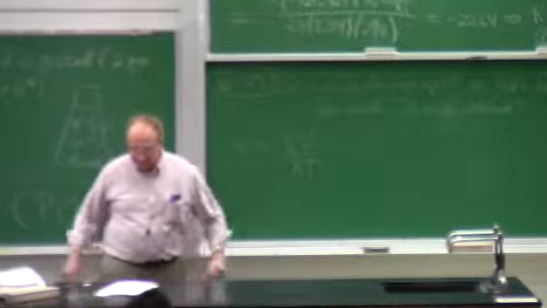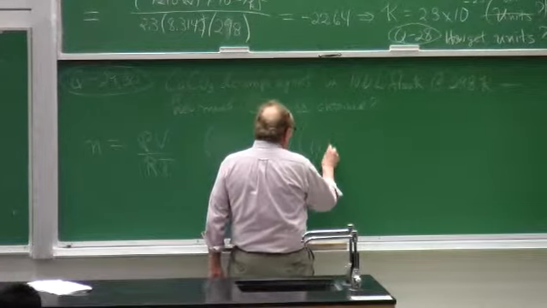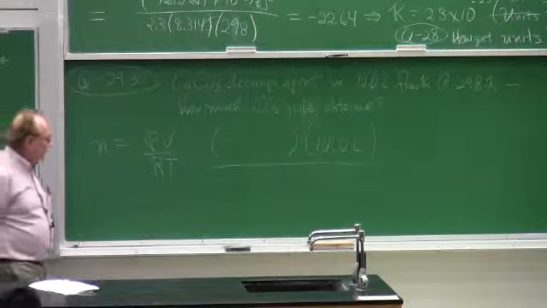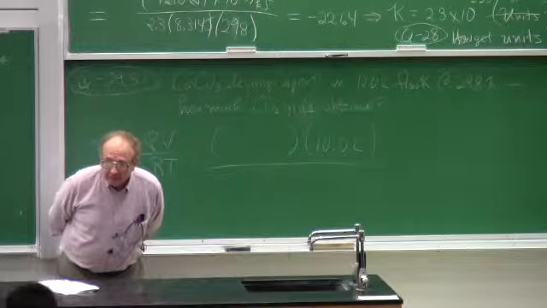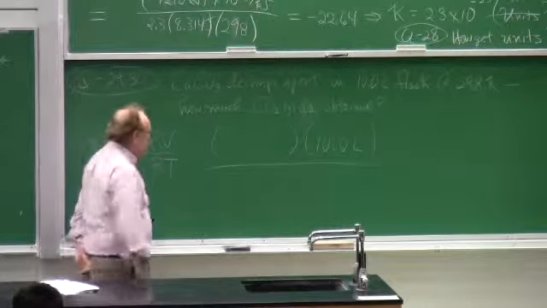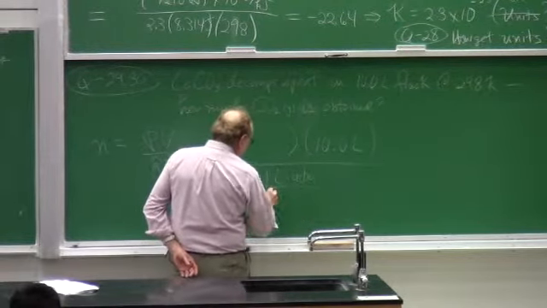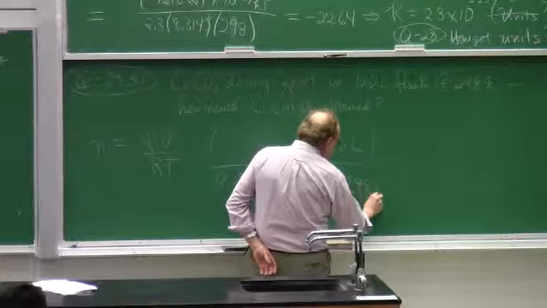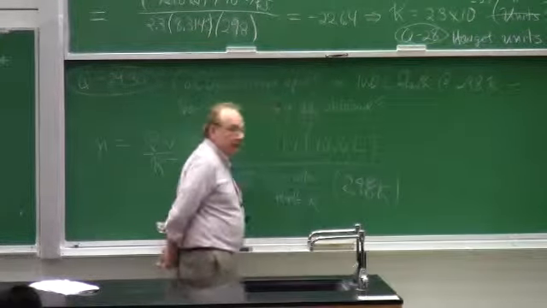So I'll solve it for n. Our flask has a volume of 10.0 liters. What R value do we now need to use? The R value in liter atmospheres. And we said we are going to take a look at this at 298 K. What do we put in here?